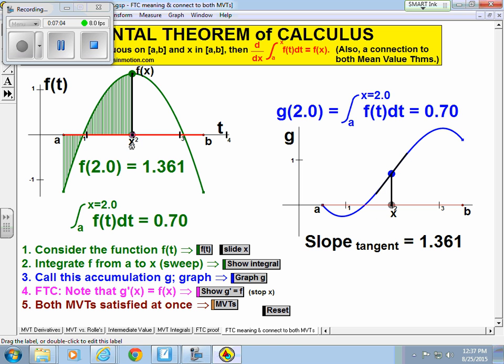So the derivative of the integral is the original. It's weird, isn't it? Say that one more time. This is one of those moments. The derivative of the integral gives you back the original function.